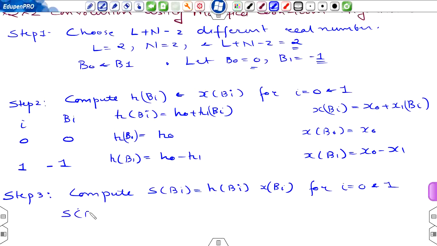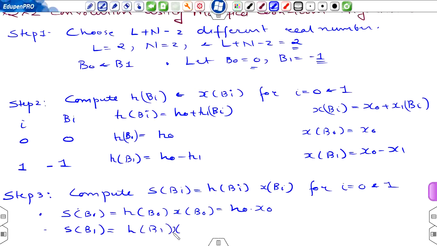So s of beta 0 is equal to h of beta 0 into x of beta 0, that is equal to h0 x0, and s of beta 1 is equal to h of beta 1 into x of beta 1, that is equal to h0 minus h1 multiplied by x0 minus x1. Okay, so don't multiply this bracket at this instant.